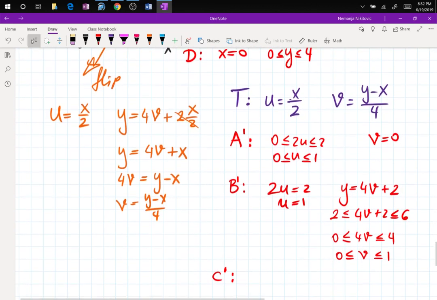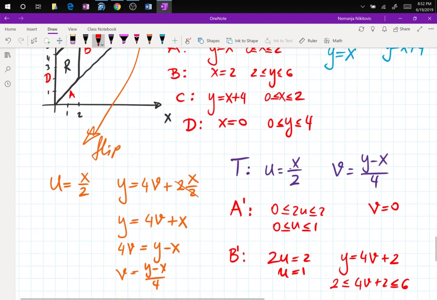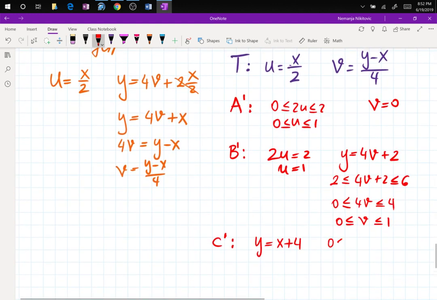Y is equal to x plus 4, and 0 less than x less than 2. Great. So we know that this one is going to quickly give us x was 2u. So that's 0 less than u less than 1, the same as we had above, and that's done.